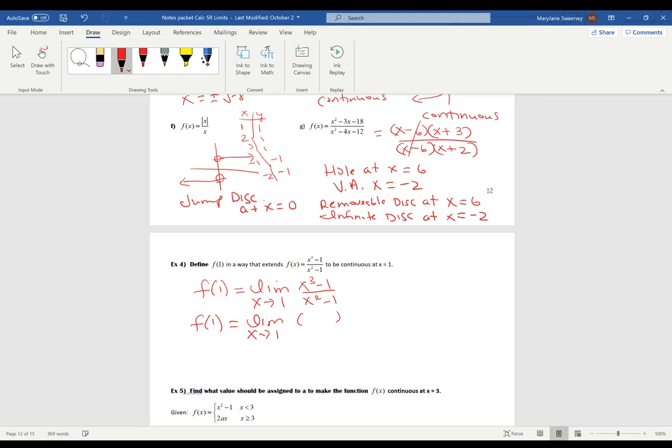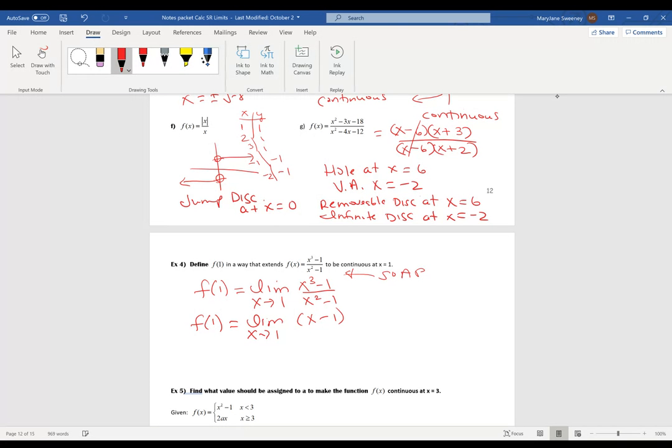Now this is a good review of limits because we need to keep limit until we plug in. That's actually taking the limit. This is going to be our SOAP formula, right?